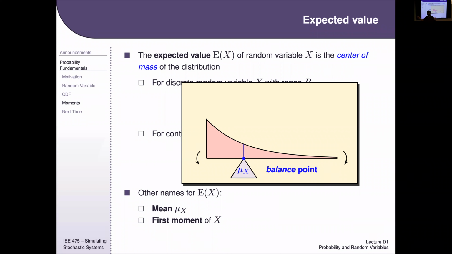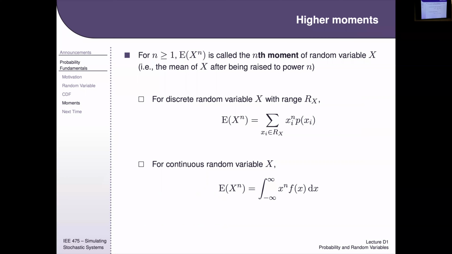I've got a piece of cardboard in my office that I forgot to bring, cut in the shape of this exponential, where I've drawn the balance point, and I can put it up on my finger and it'll sit there and balance. You can try that at home. If you cut it out precisely enough, you can get these things to balance. It really is meant to be the center of mass of the distribution. Now, the other moments we talk about: that's the first moment, and you can have second, third, fourth, nth order moments.